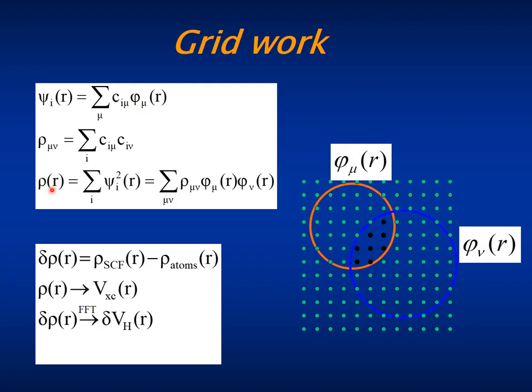Then we can find the density at every grid point as a product of pairs of basis orbitals times the density matrix elements. Once we have the density at every grid point, we can calculate the exchange and correlation potential and also the electrostatic potential produced by delta rho, the difference between the density and the sum of atoms, using fast Fourier transform methods.